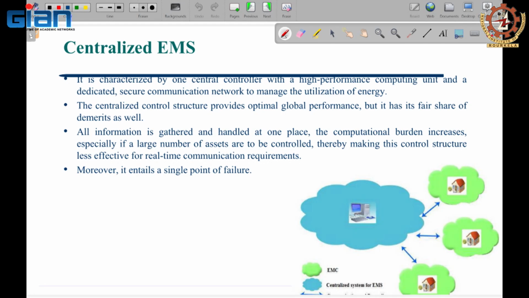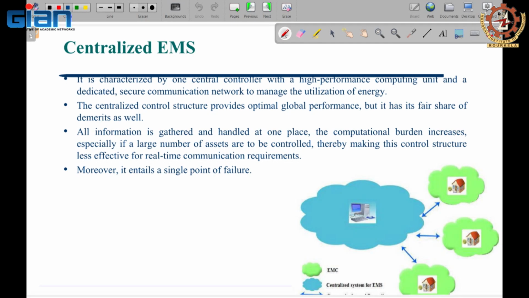All the information is gathered and handled at one place. The computational burden increases, especially if a large number of assets are to be controlled, thereby making this control structure a little bit less effective for the real-time communication requirement, because all this huge amount of data has to be processed at one centralized process.